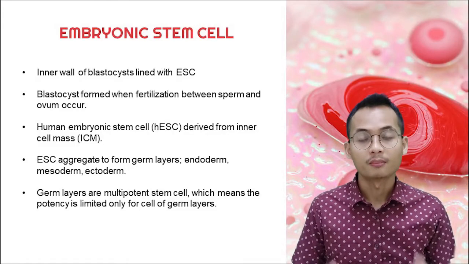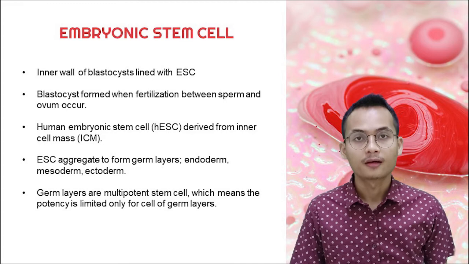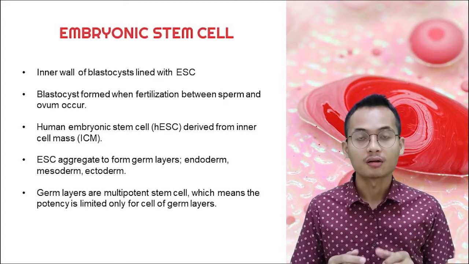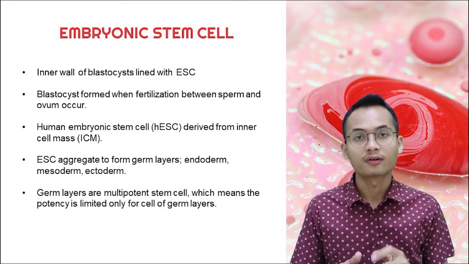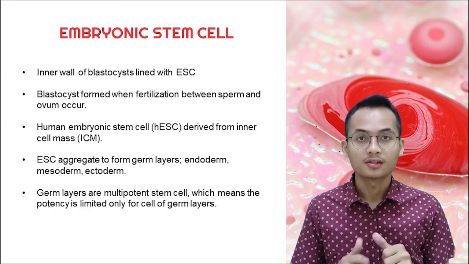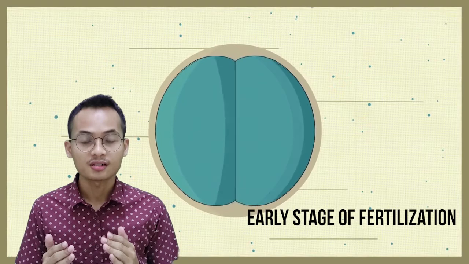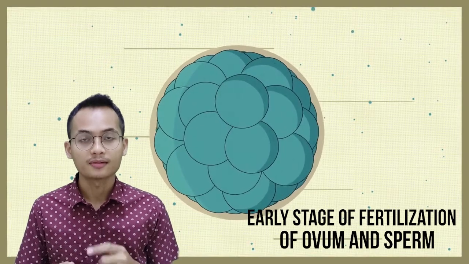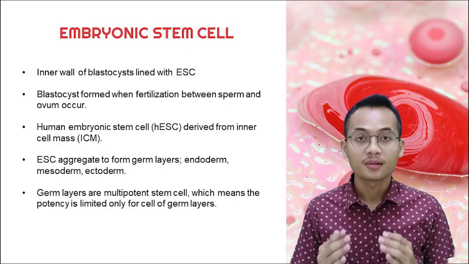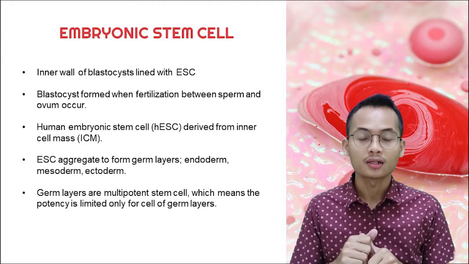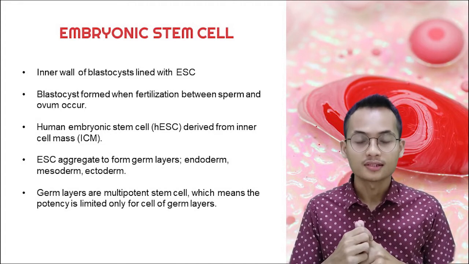The embryonic stem cell. Embryonic stem cells originated and derived from blastocyst. Blastocyst is an early stage of fertilization of ovum and sperm. In the blastocyst, there are no organs nor cells.